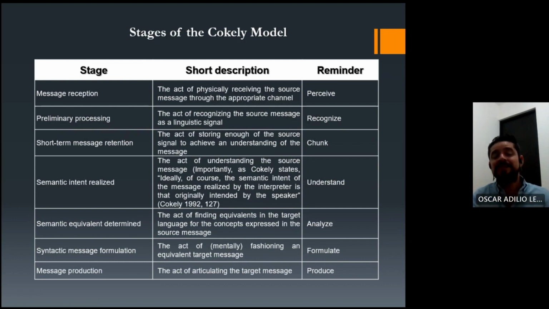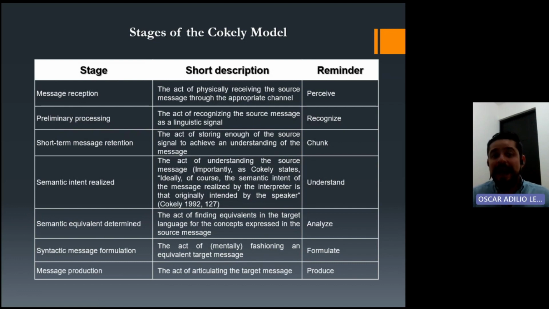After we go through the third stage, we go into the fourth. And this is interesting because it goes through a semantic intent realized. Our brain detects that there is a message because there is a code. However, there is a lot of pragmatic information that is also detected by our brain. So, in the fourth stage, we have the act of understanding the source message.